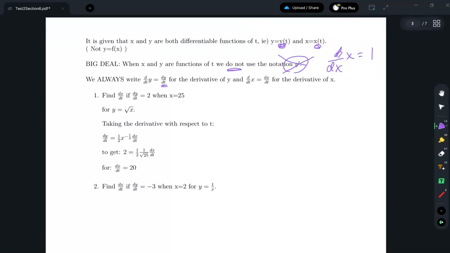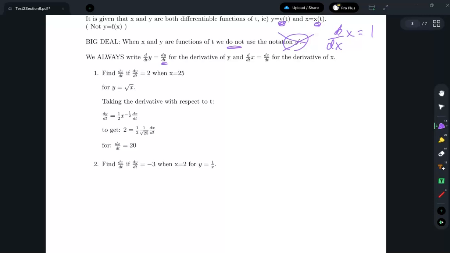Okay, so you're being told that y is a function of t because they're saying find dx over dt if dy over dt is this. Okay, so let's take this and take the derivative with respect to t on both sides. So the derivative with respect to t equals the derivative with respect to t, and I'm just going to even write it as the power that it is.